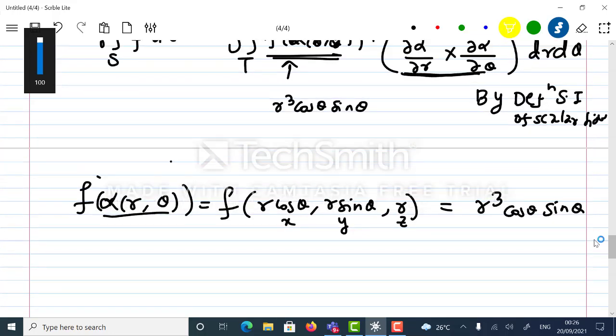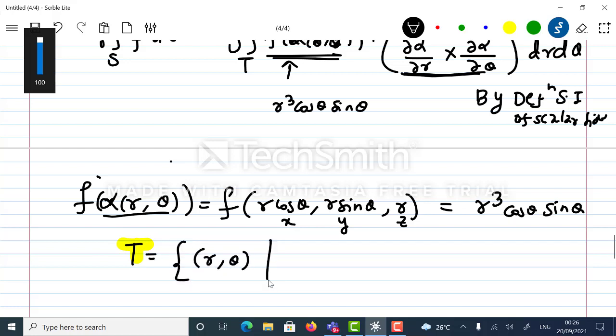So T is the set of all r, theta such that r is between 1 to 2 and theta is between 0 to 2 pi.